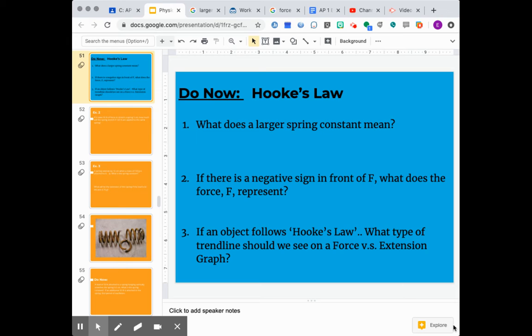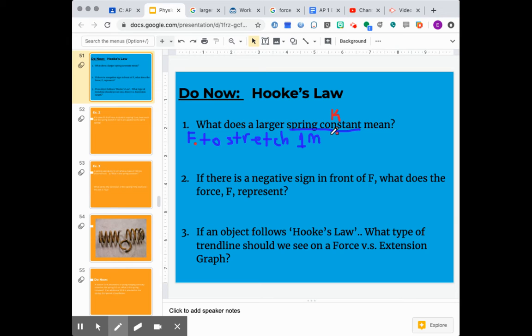Okay, so a larger spring constant. The spring constant represents the amount of force required to stretch a spring by 1 meter. I'm going to write in freehand here because it's very difficult to use these tools.